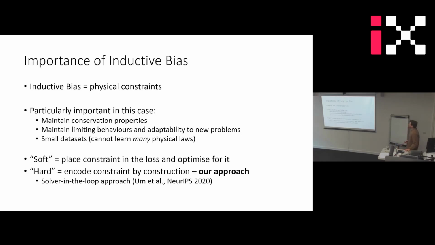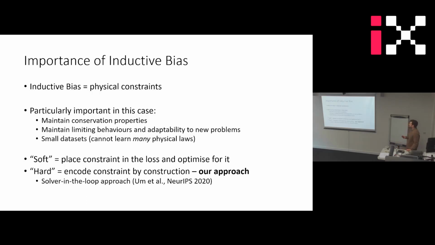So this comes into the importance of inductive bias, which took me ages to find what mathematicians meant by this. And it turns out it means physical constraints, like don't disobey the laws of physics. That's inductive bias. It's really important in this case because obviously these are physical models, so we want them to respect physics, but for other reasons as well.